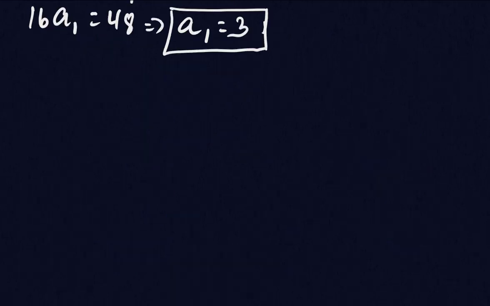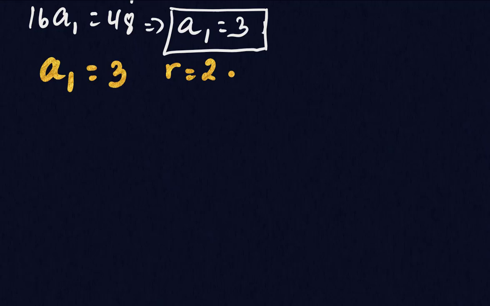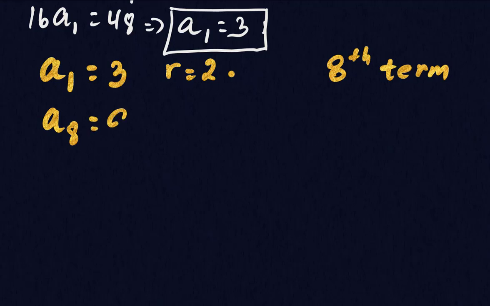We can find all the terms from now. So we go for the next terms. They're asking us to find the 8th term. So we have A1 is equal to 3, R is equal to 2. We can plug in the formula. A8 is equal to A1 times R to the power of 8 minus 1.